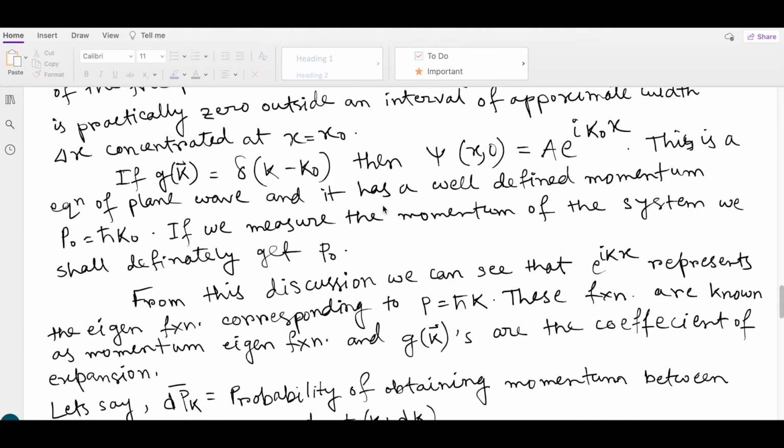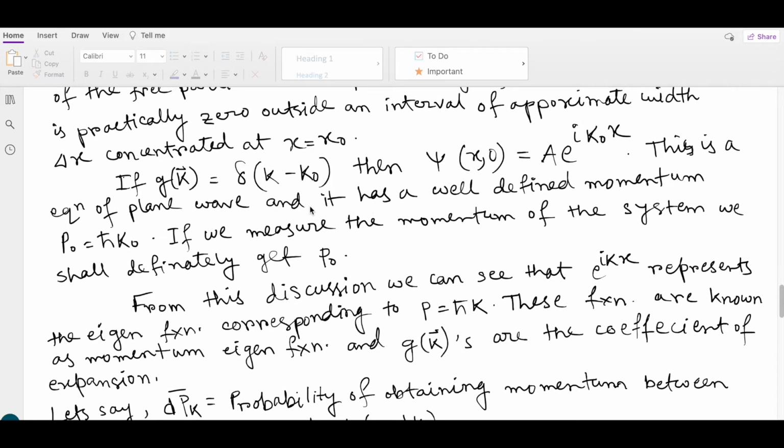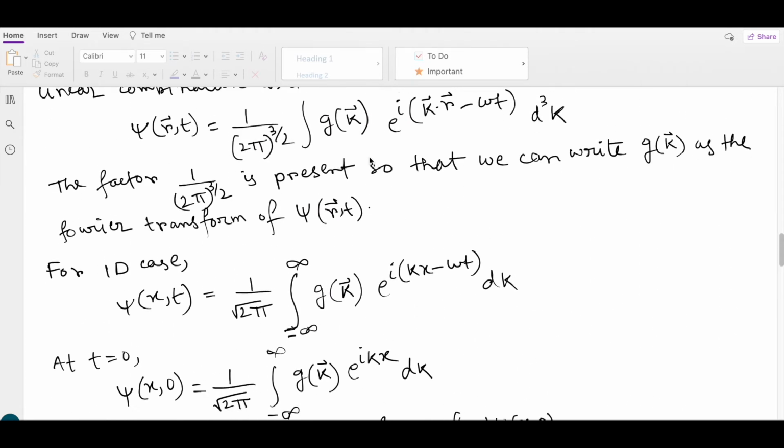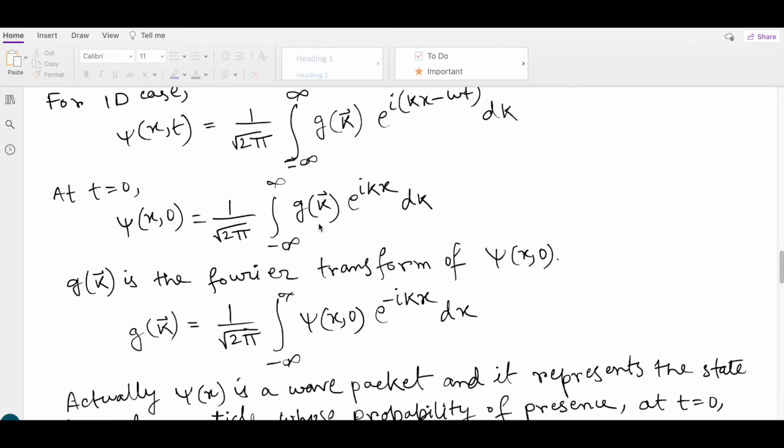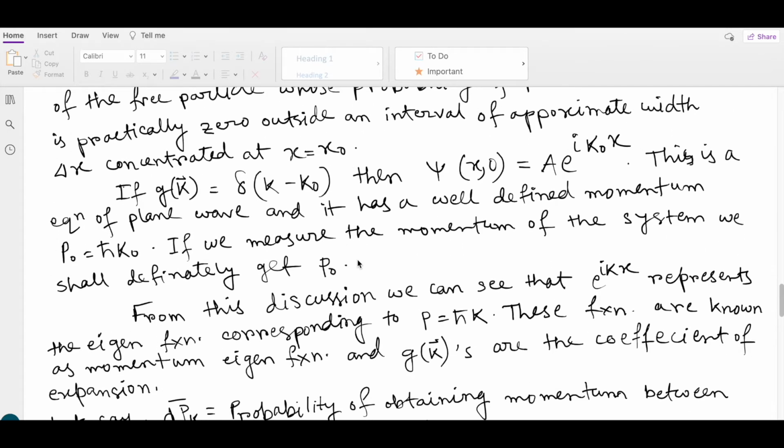So if g(k) equals a Dirac delta function delta(k minus k0), then from this equation, after putting g(k) as delta(k minus k0), we get psi(x,0) as A e to the power i k0 x, where A is some constant.